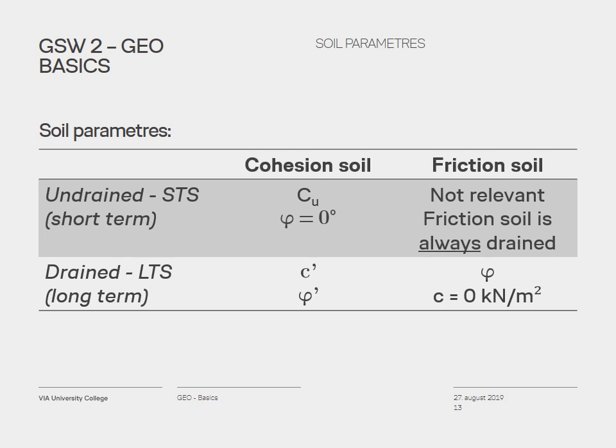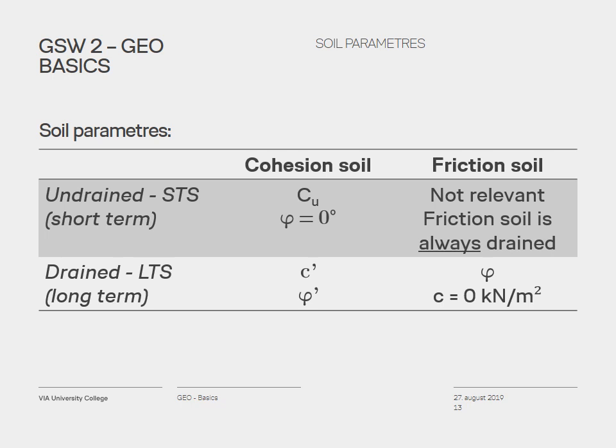You assume the friction angle to be 0. In friction soil, it's not relevant to talk about an undrained state, because friction soil is always in a drained state. So let's go to the drained state for cohesion soils.